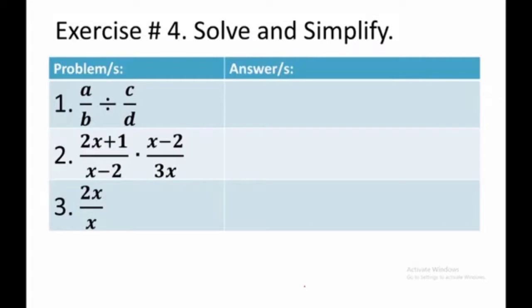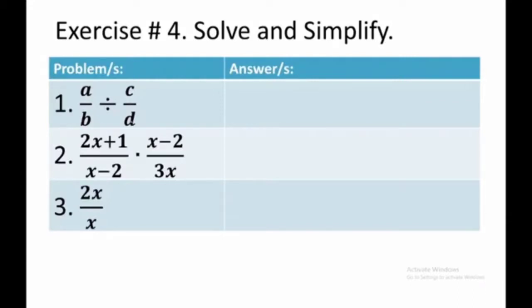Solve and simplify. I will give you 20 seconds for this. Number 1, a over b divided by c over d, or the quotient of a over b and c over d.